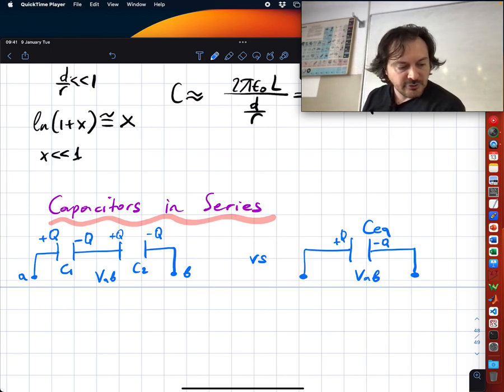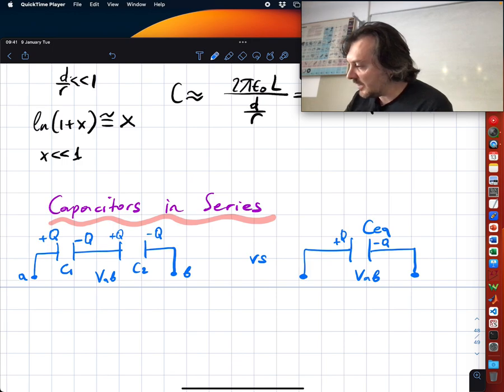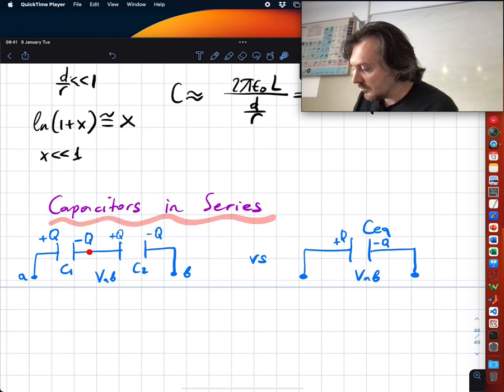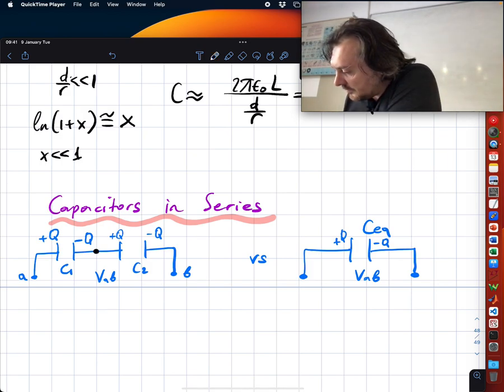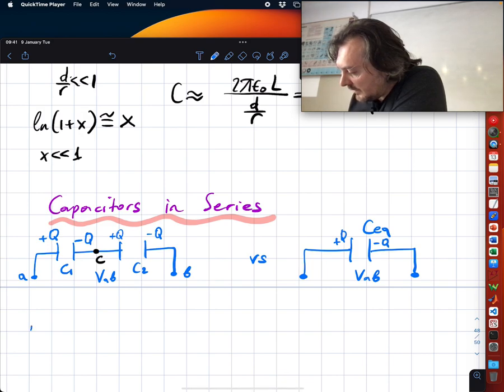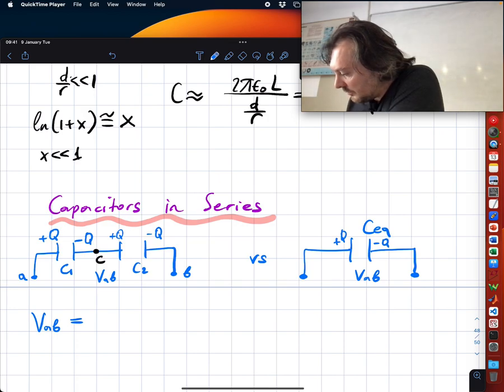How about the potential? What is the potential across these 2 points? Let me put point C here. First of all, do you agree that VAB is equal to VAC plus VCB?